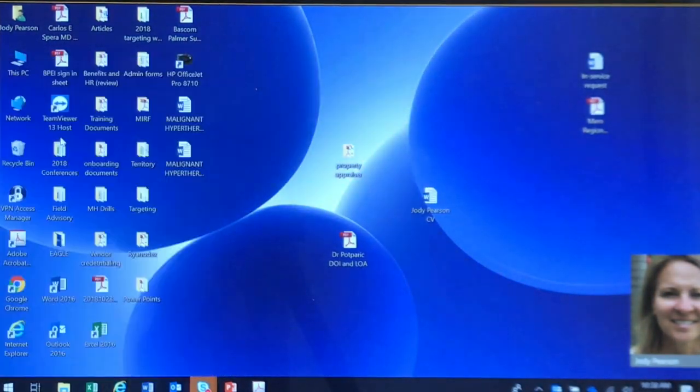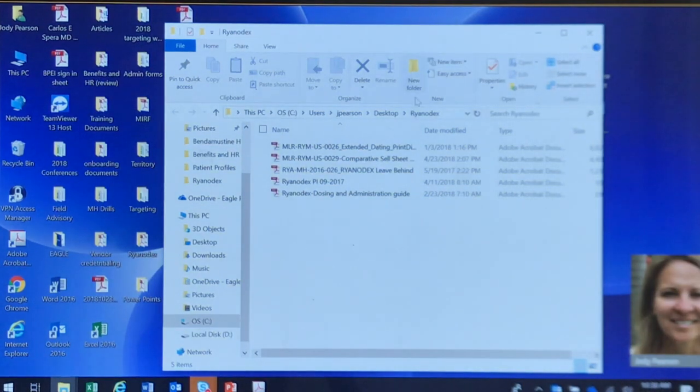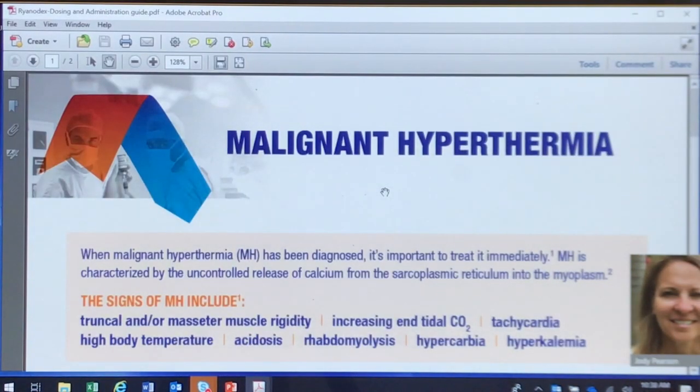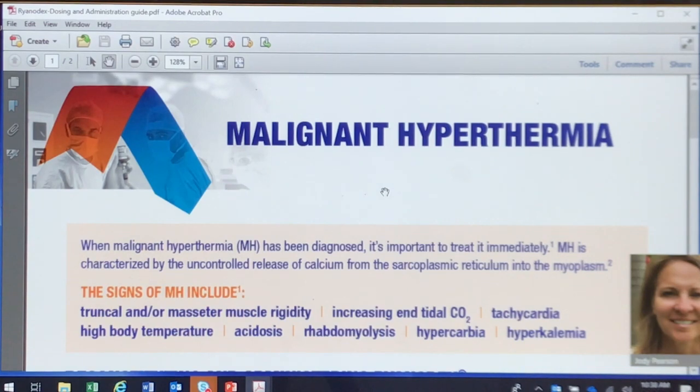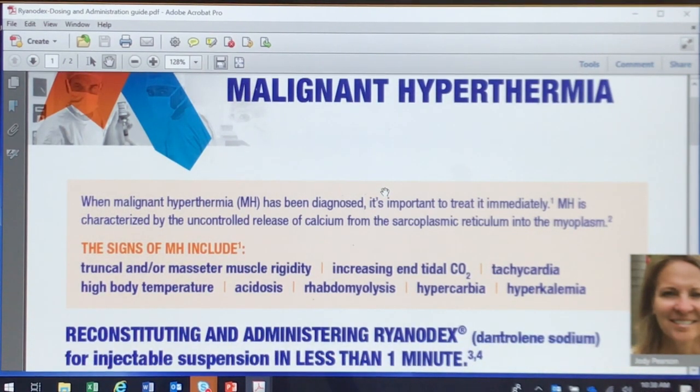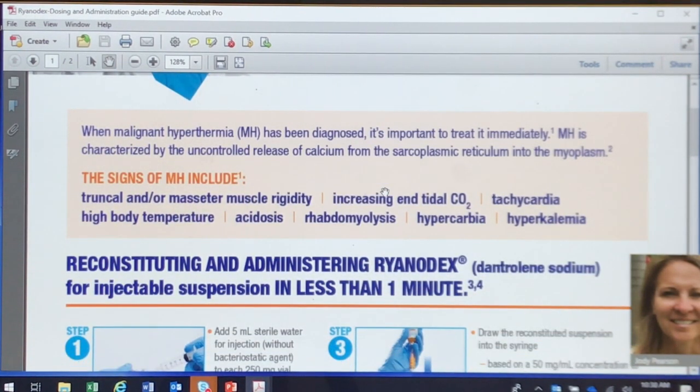the dosing and administration guide. This should be available for you should your event occur. Typically, it's right there. The dosing guide is right next to the Ryanodex vial. Please, after this presentation, find out where your malignant hyperthermia cart, kit, or dantrolene or Ryanodex is available.